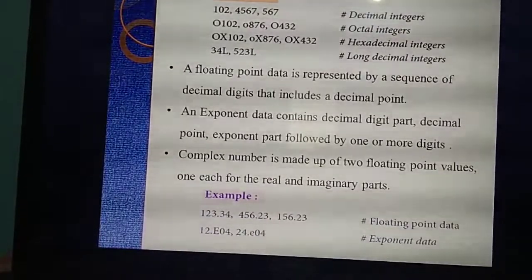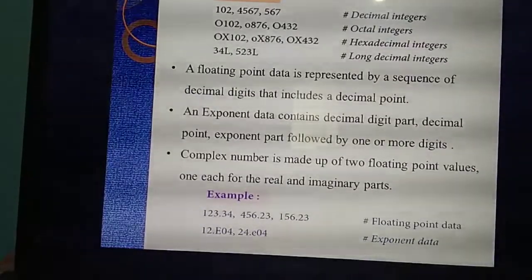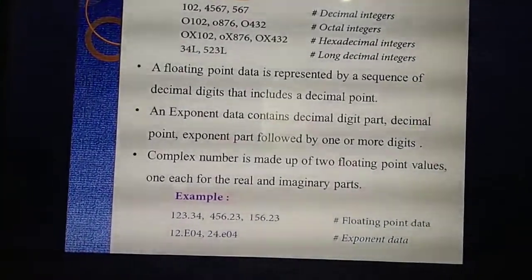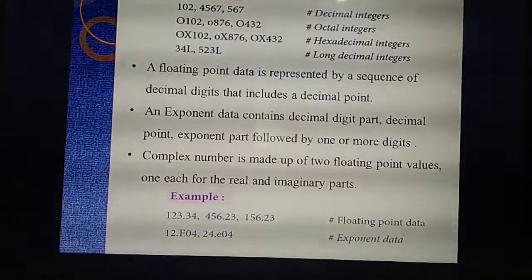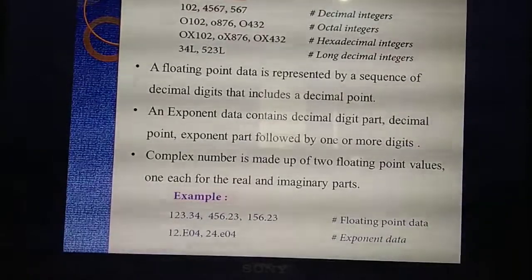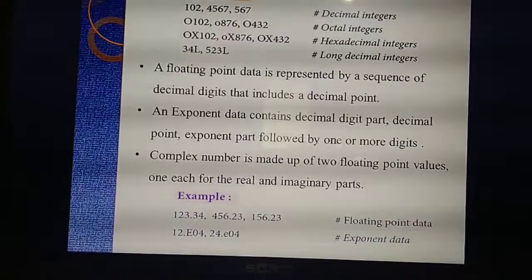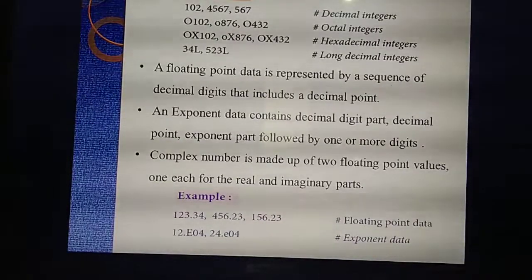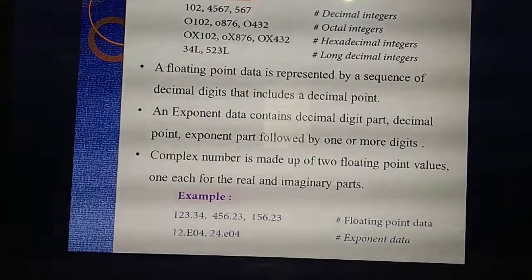So a number that comes along with 0x means which integer? Hexadecimal integer. Then a number that comes along with only capital letter L is called a long decimal integer. Understand? By seeing this example you can understand. So like I said, first just read the example and understand, then study the theory. Then you will never forget.